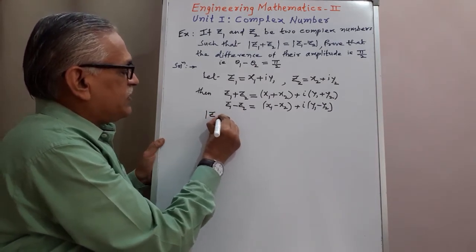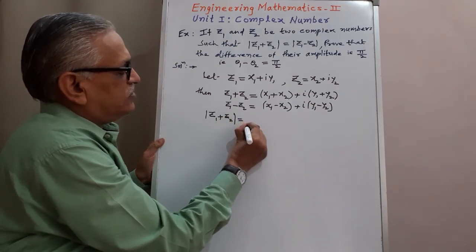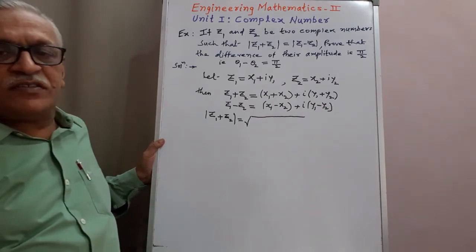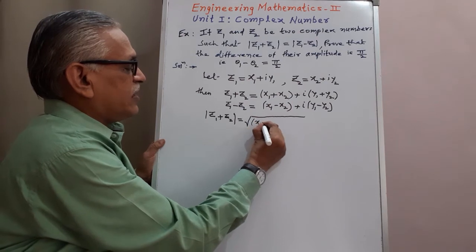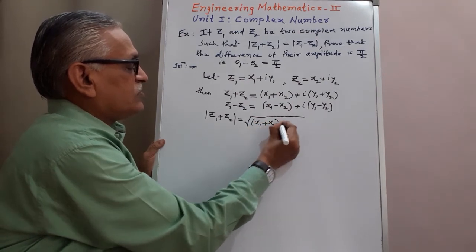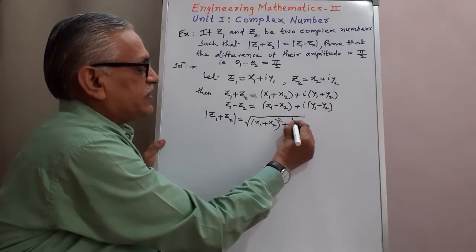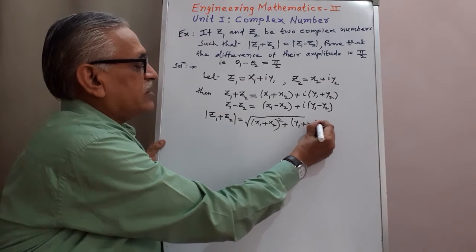Therefore, mod of z1 plus z2 is the root of real part square plus imaginary part square. Here the real part is (x1 plus x2) square plus imaginary part square. The imaginary part is y1 plus y2, and its square.